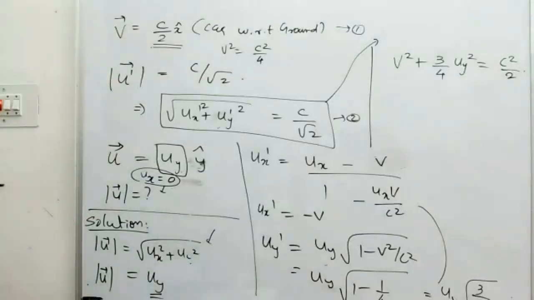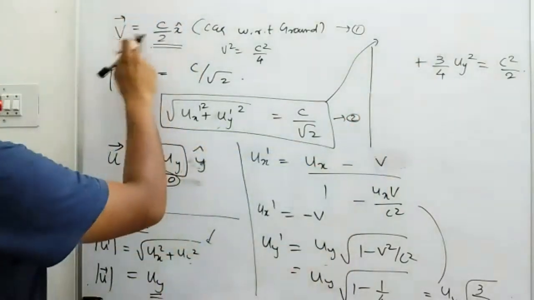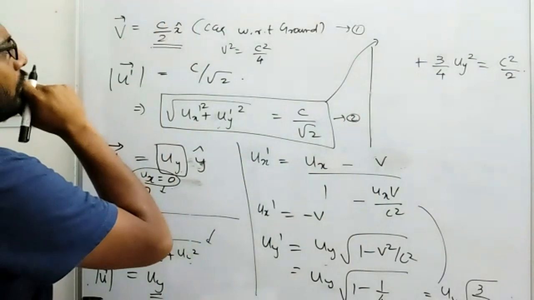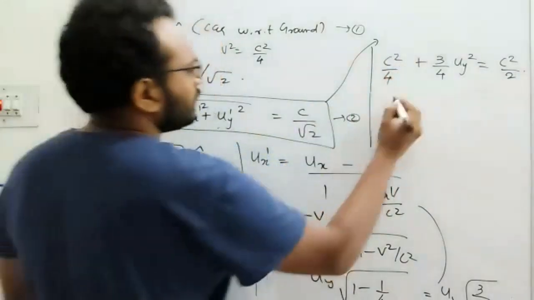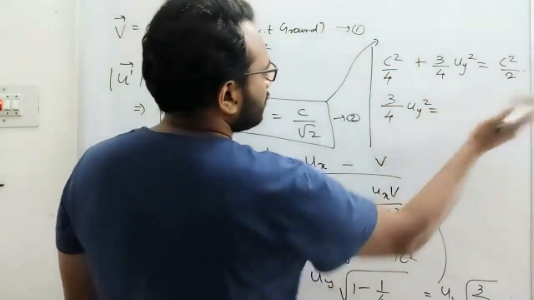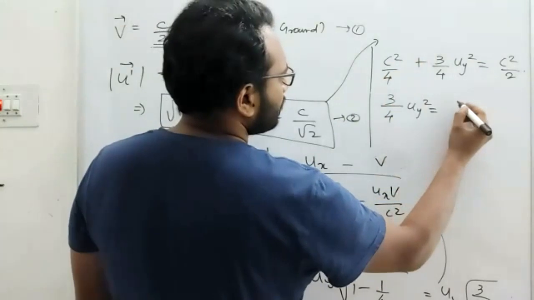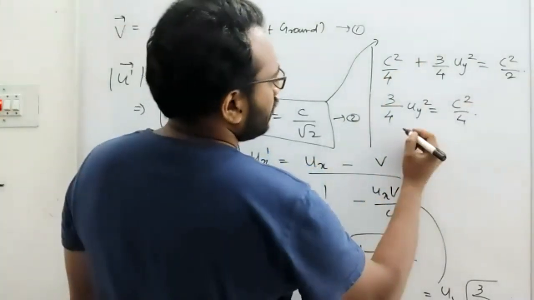Or did we make a mistake somewhere? Let's also put in v square here. What's the value of v square? It's c square by 4. Okay. So you see that 3 by 4 uy square is equal to c square by 2 minus c square by 4, which is c square by 4.